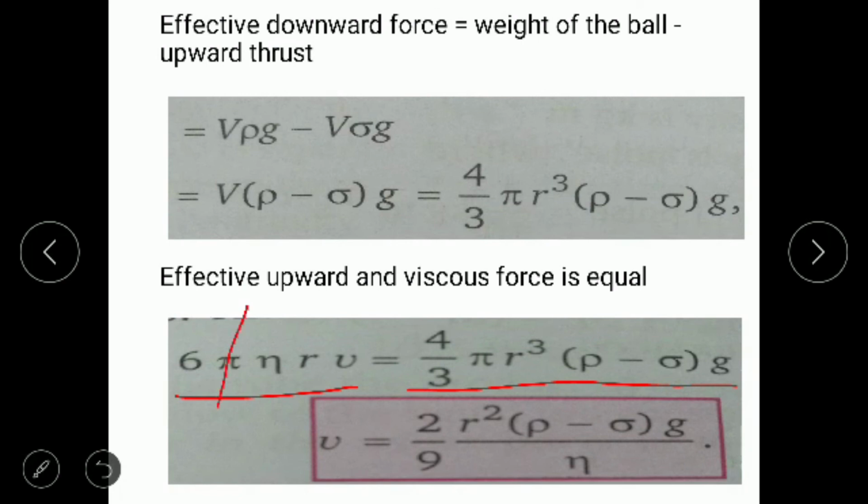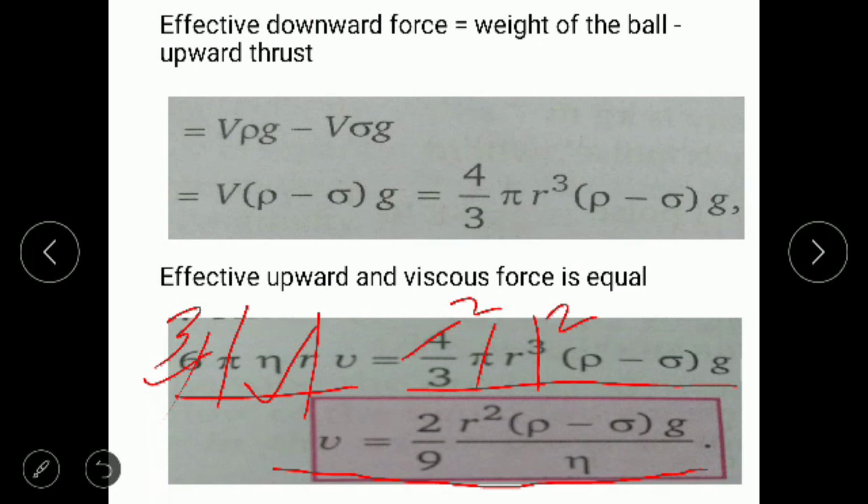from this equation, pi and pi get cancelled. R over here becomes square, and this is 2 into 2, 2, 3. Ultimately, taking this 3 and the coefficient of viscosity to the other side, we get V equals 2 by 9 R square (rho minus sigma) G divided by nu.